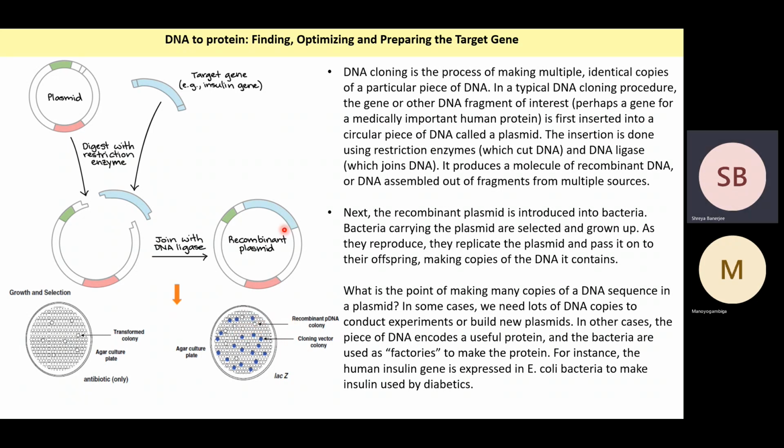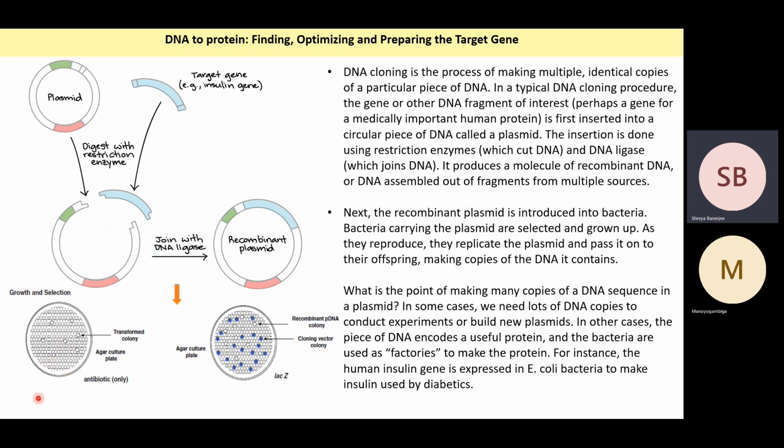Now, generally in the recombinant plasmids, a selectable marker like you saw in the previous slide is inserted, which in this case is antibiotic resistance. So now if you put an antibiotic, the non-recombinant plasmids will die out and you will only have the recombinant plasmids.